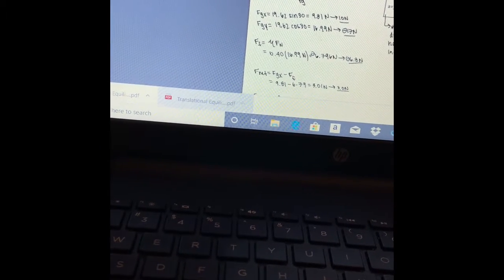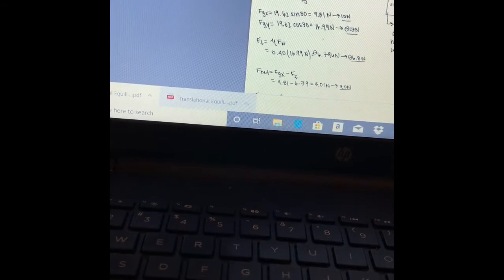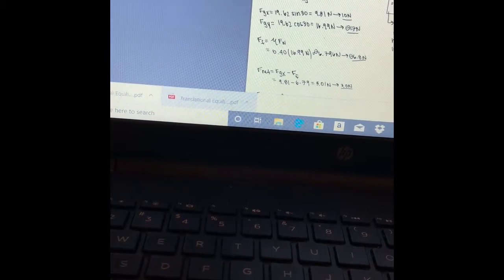Then FF is friction going that way. FN is going this way because it's opposing gravity. So once you get FG, then you put it into FGX and FGY. FGY uses cos in this one, and FGX uses sine.